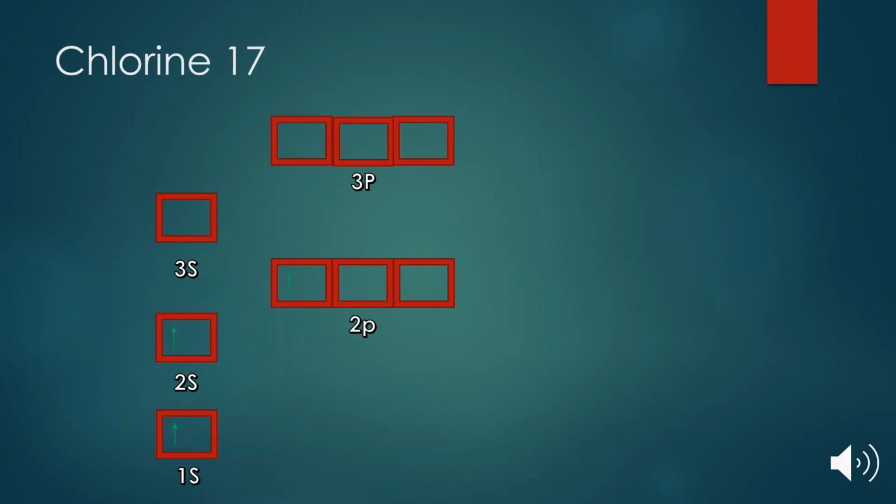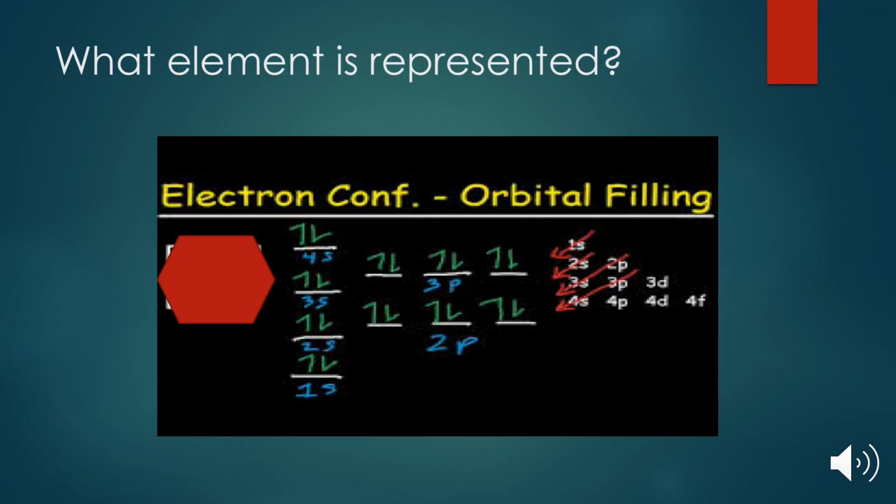Here, here, here, here, here, here, here, here, and here. So now we can put the remaining electrons with negative spins. And the last one doesn't get one, so this is how your electron diagram box is going to look for chlorine.